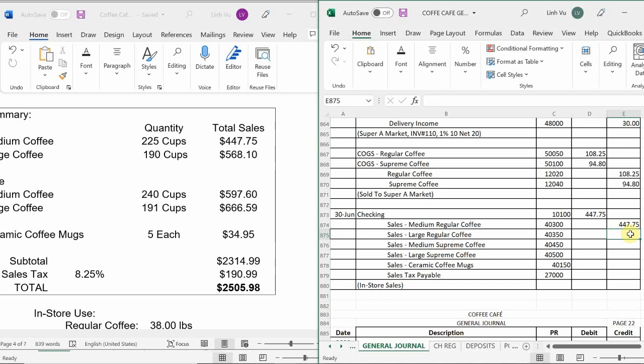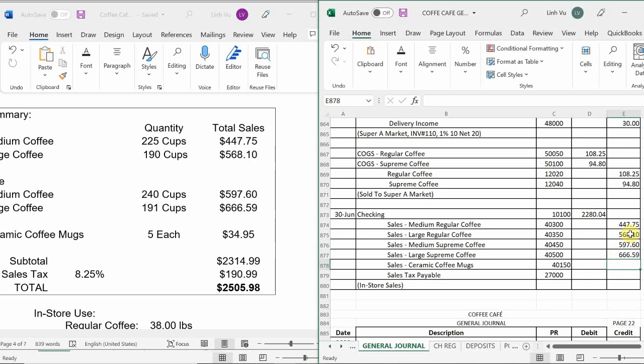Large regular, 568.10. Medium supreme, 597.60. Large supreme, 666.59.